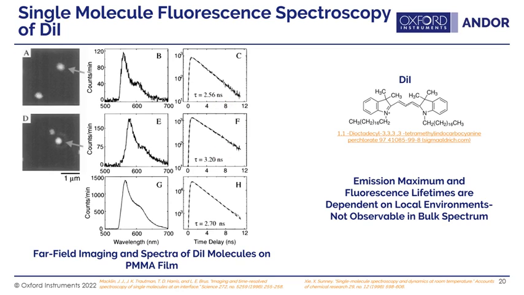And again, that's indicating that these molecules are exposed to different local environments, and that's affecting their fluorescence emission spectrum and also their fluorescence lifetime. That information isn't available if you look at the bulk emission spectrum in figure G, and also the bulk time-resolved fluorescence spectrum in figure H.